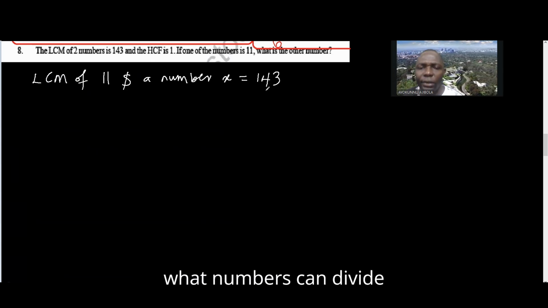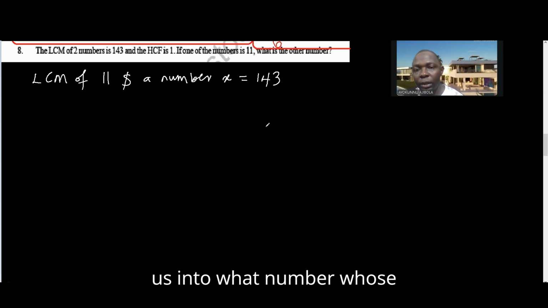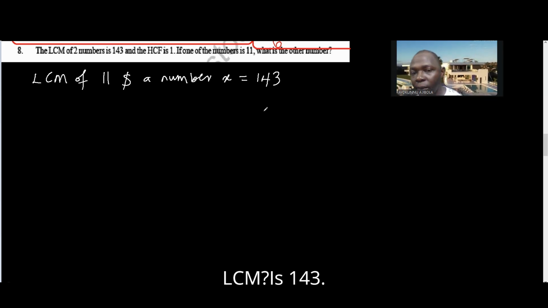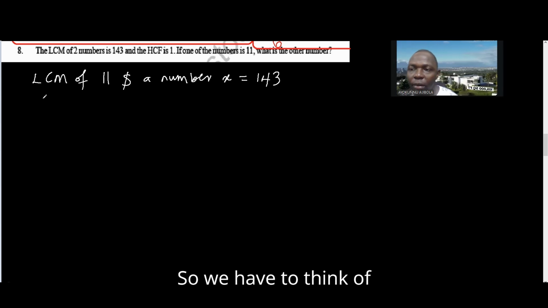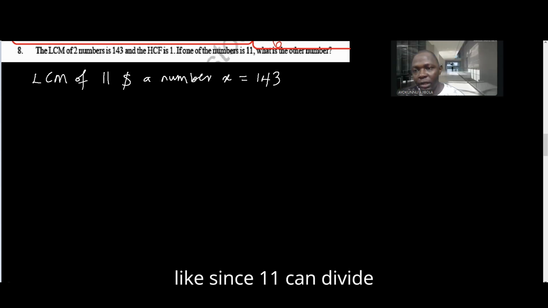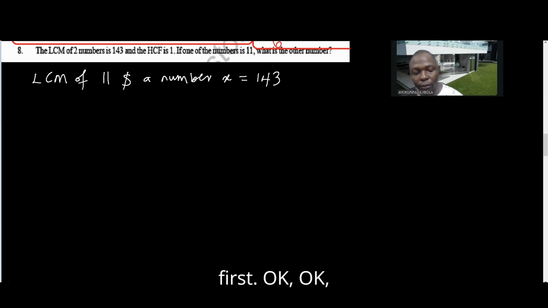Now, what numbers can divide 143? That will lead us to the numbers whose LCM is 143. So since 11 can divide 143, let us divide 143 by 11 first, okay?